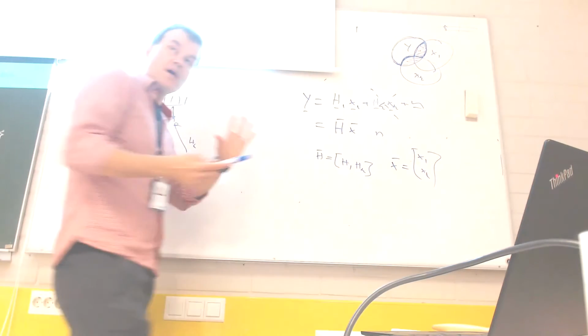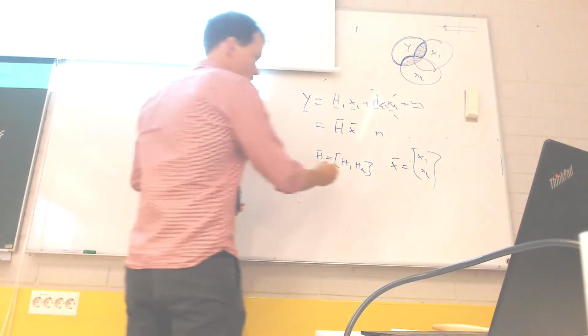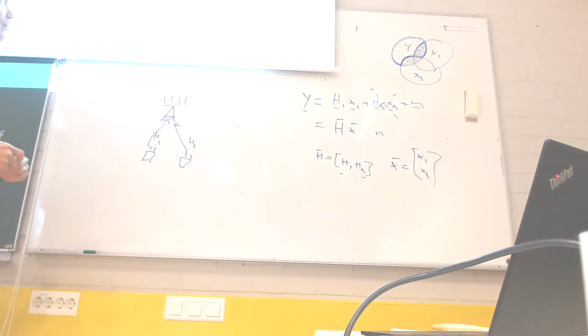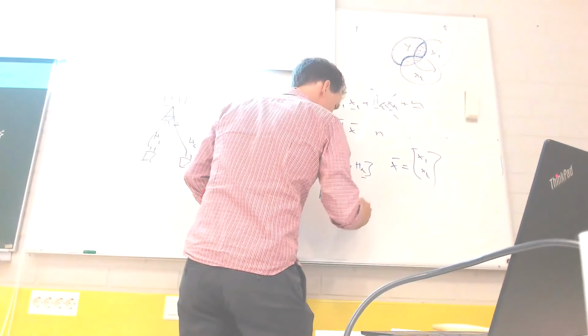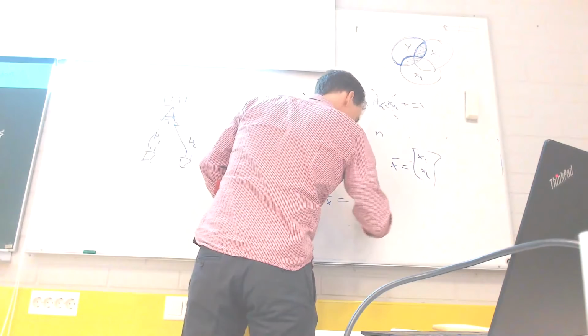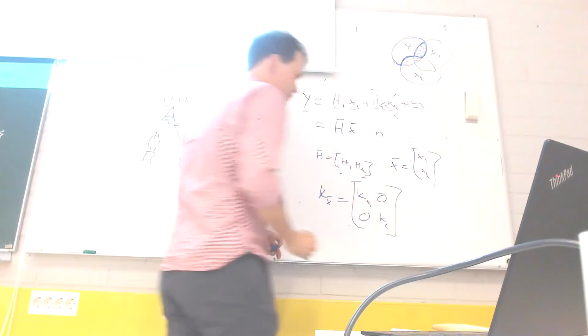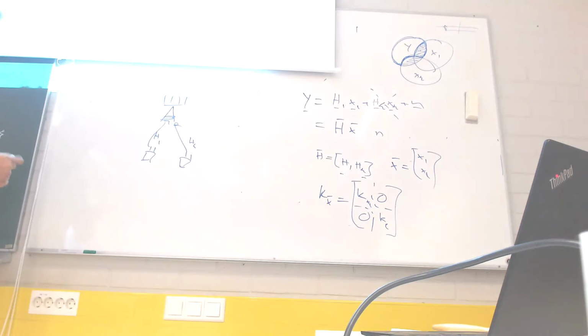Now, unlike a point-to-point MIMO where you have a single power constraint, now you have a power constraint specific to each part of the vector. So it means that Kx bar has to be block diagonal. The zeros here mean that there's no cooperation between groups of transmit antennas.